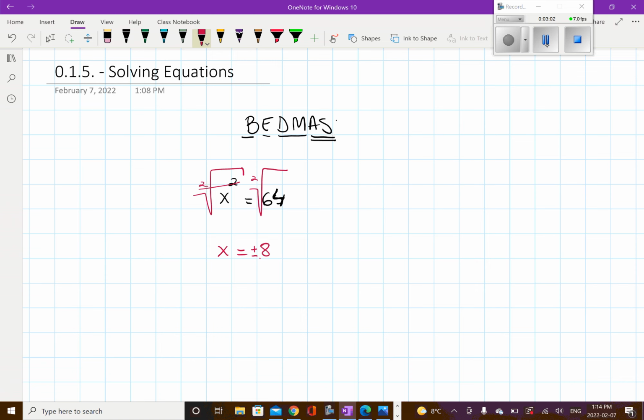Or if we have something like x to the power of 3 is equal to 27, then what you will do is perform a root with index 3 to cancel this operation, and then x will be equal to 3. And then you deal with brackets.